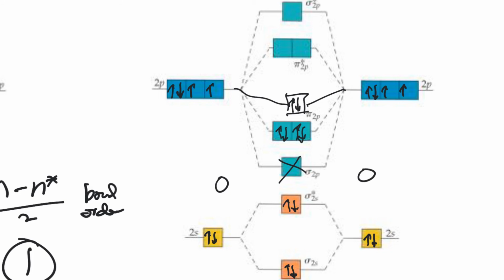There's no unpaired electrons, so this is going to be diamagnetic, because 2+ took away those last 2. Now what's the bond order? I'm going to take everything that's not starred and subtract the starred from it.